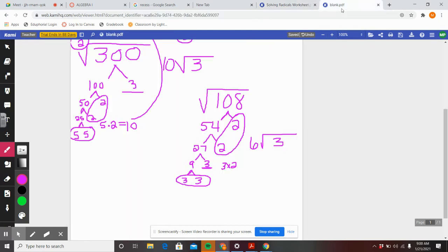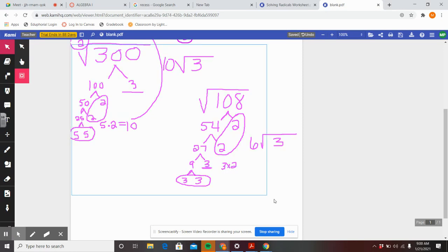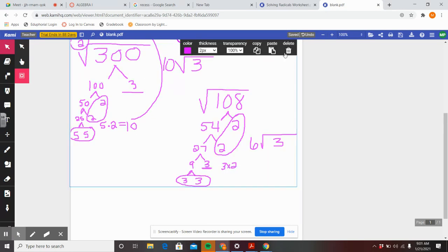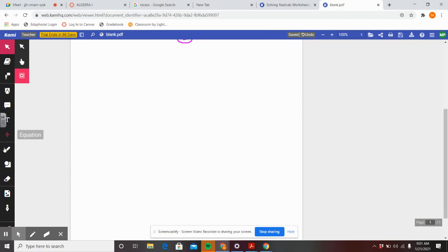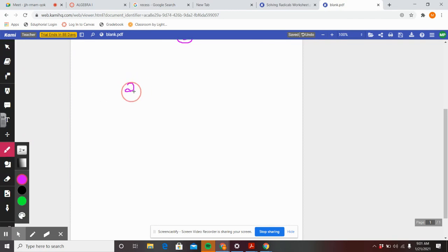So we have 2 square roots of 48. So let's break down 48.